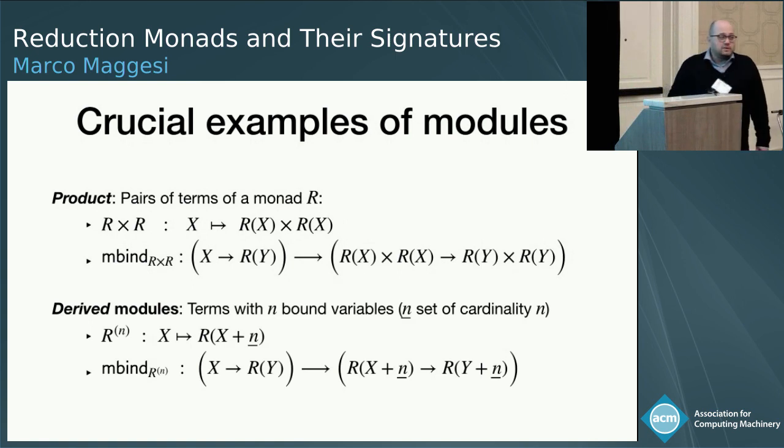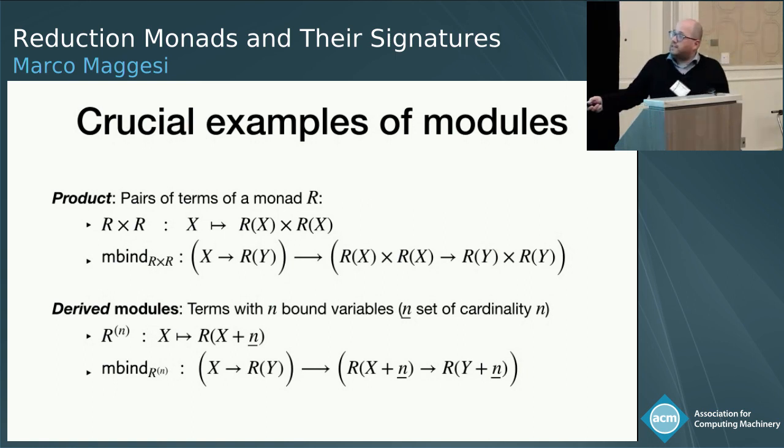And the second example is a little bit more tricky. Take a set underline n of cardinality n, and consider the functor R power n, from X to R of X plus n.